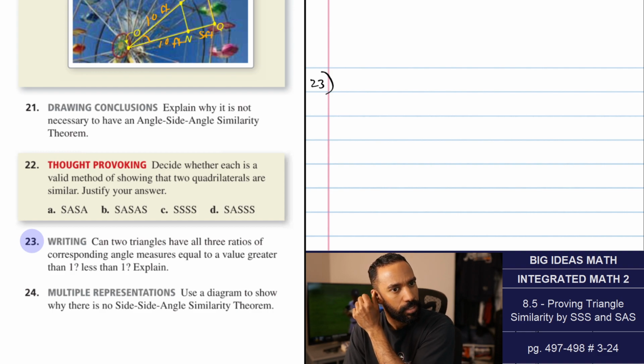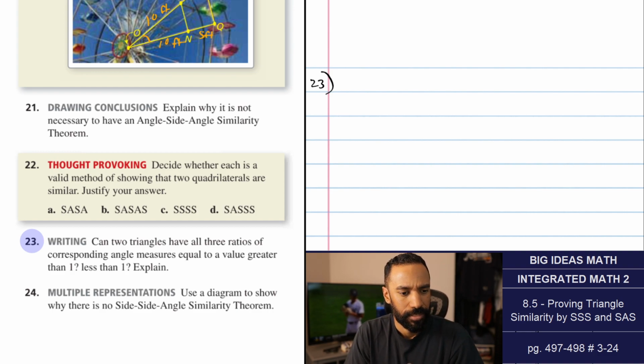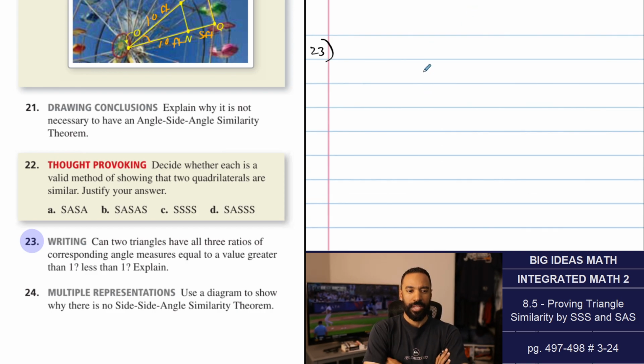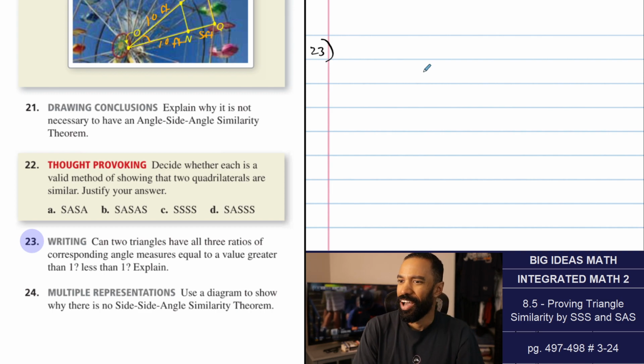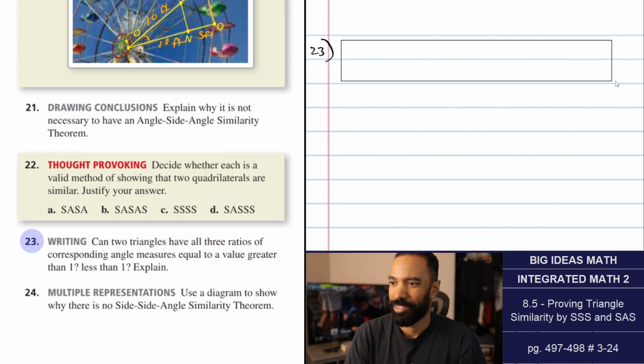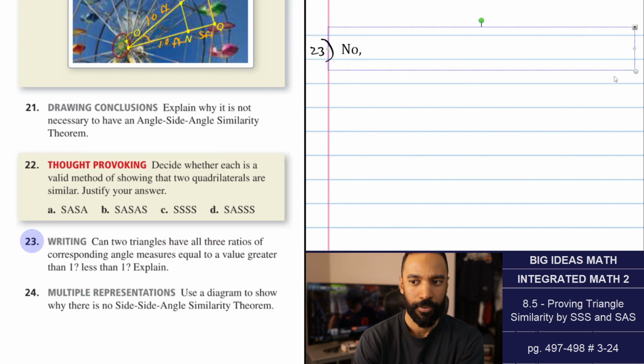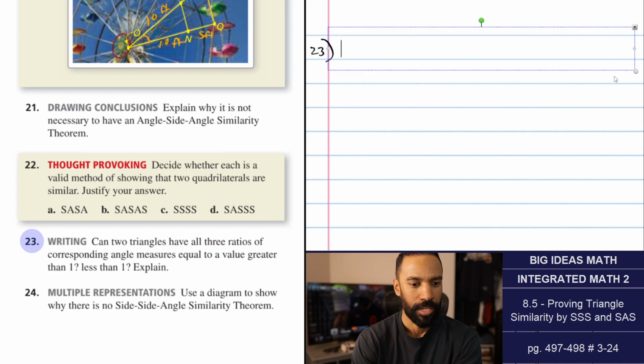What are they saying? Can two triangles have all three ratios of corresponding angle measures equal to a... no. No for either. Let's see.